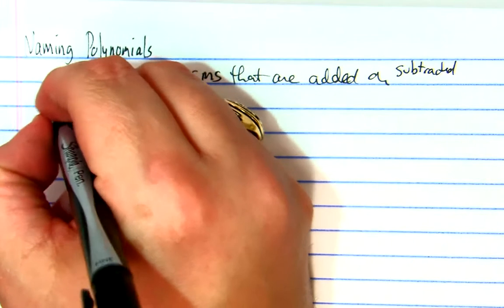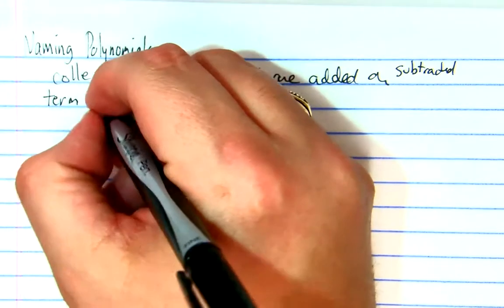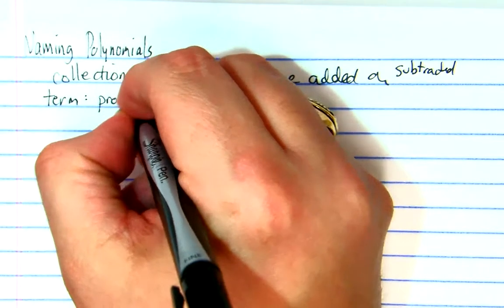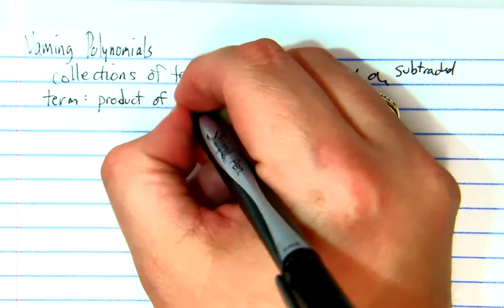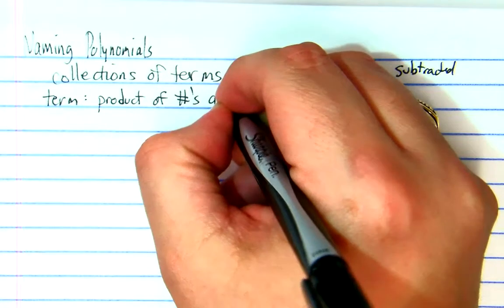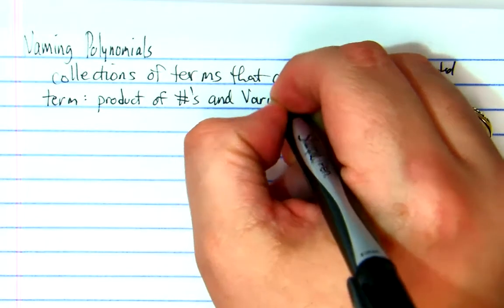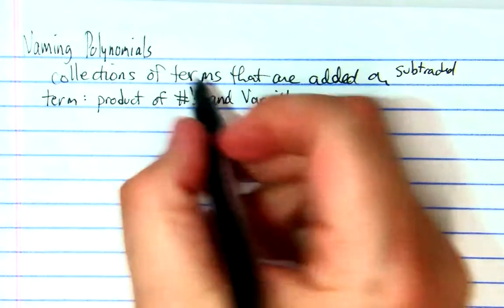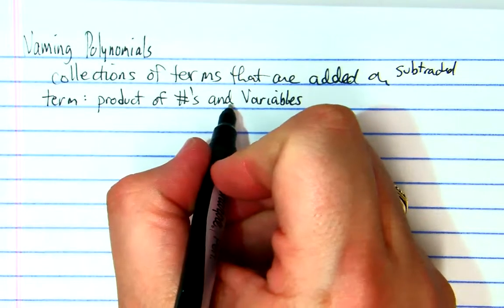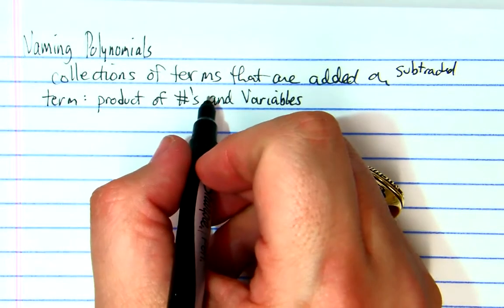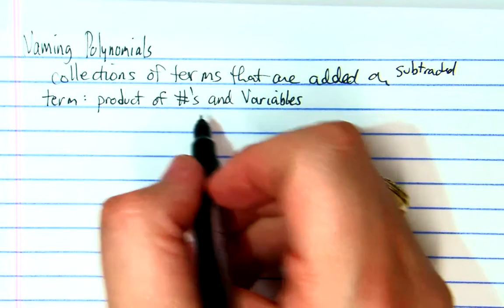A term is a product of numbers and variables. So in each term there's multiplication going on, but for the polynomial, we're just adding a bunch of these terms together.